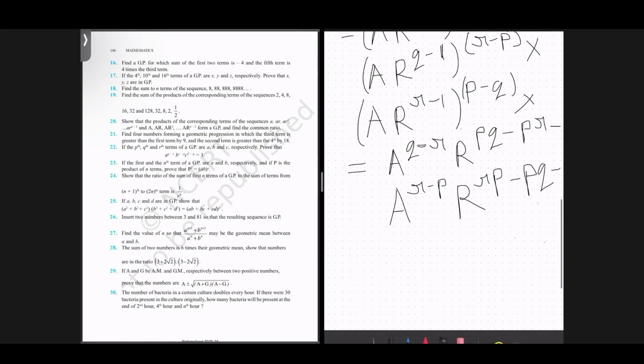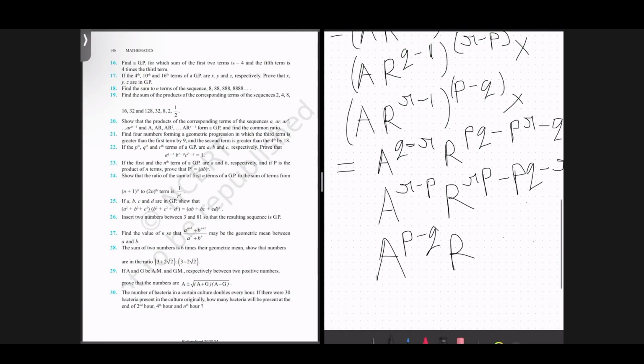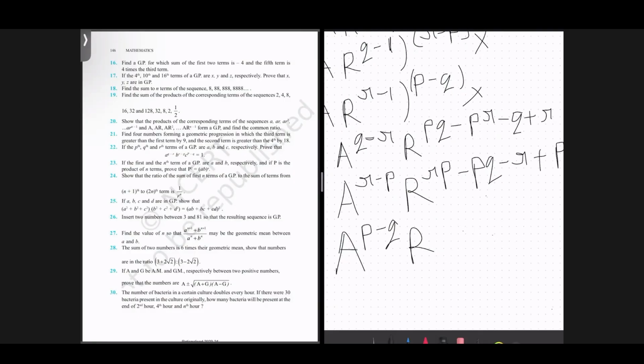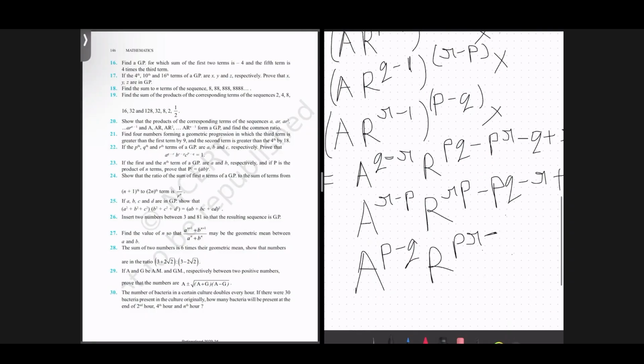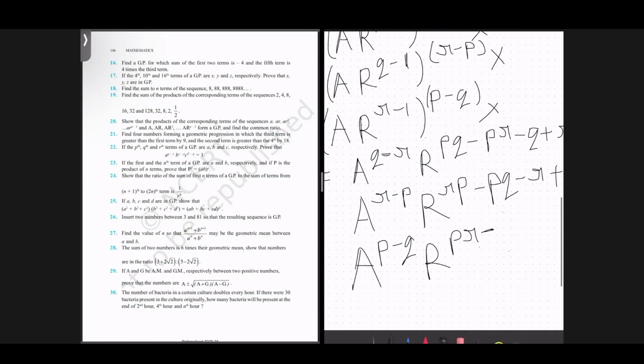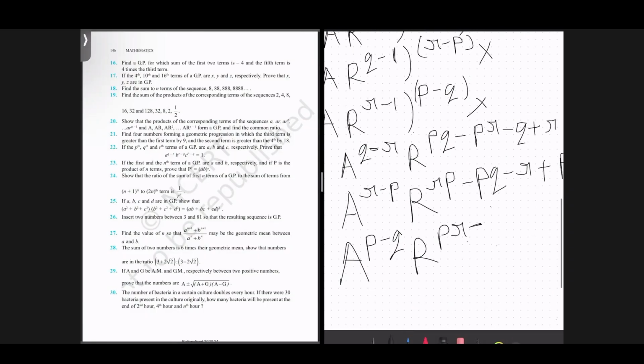For the third and the final term, it's going to be A raised to the power P minus Q, R raised to the power PR. Sorry, is it going to be PR? I don't think so. I'm sorry, here I wrote this term wrong.